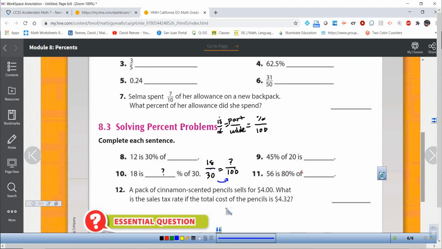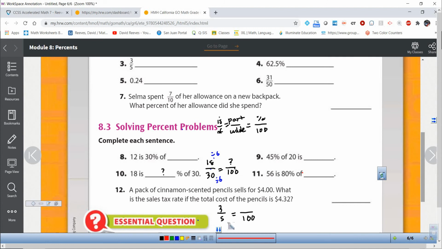Now 30 does not go into 100 evenly, but once again we can always try to simplify those ratios. What does 18 over 30 simplify to? Well, I can divide both of those by 3. I can also divide both of those by 6. 18 divided by 6 is going to give me 3, and 30 divided by 6 is going to give me 5.